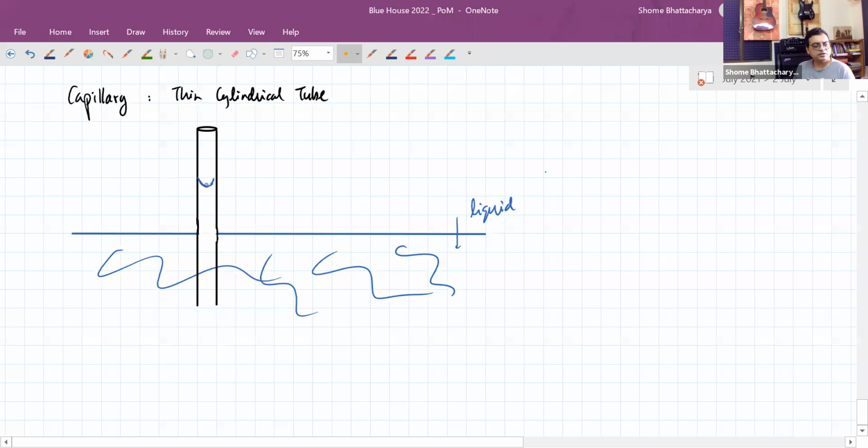It will be a concave surface when viewed from above. And this angle will be the natural contact angle. So this H over here is called the capillary rise.